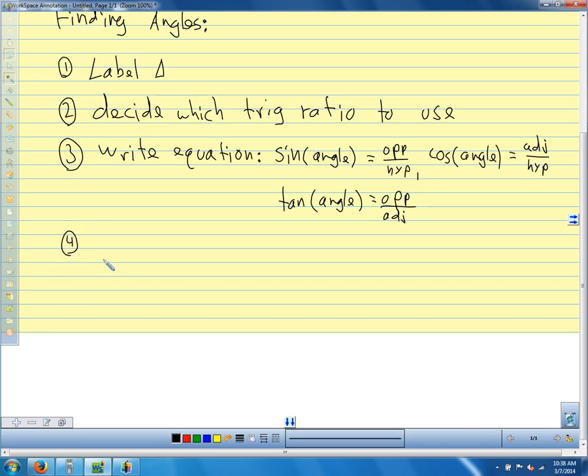And on our calculator, we are going to use the inverse sine, inverse cosine, or the inverse tangent button to find the angle.